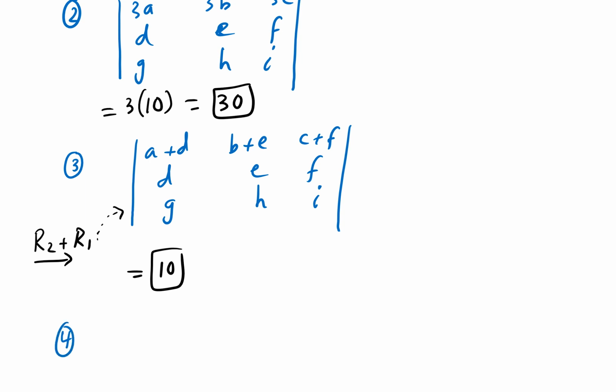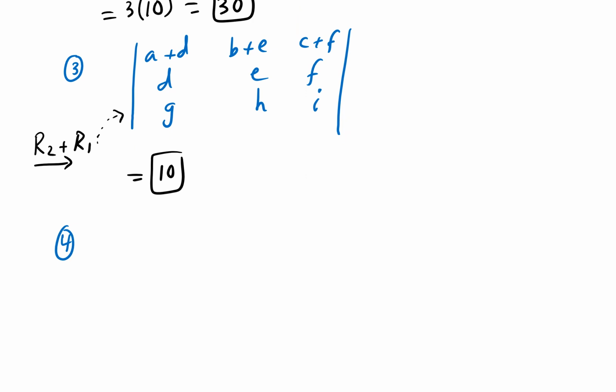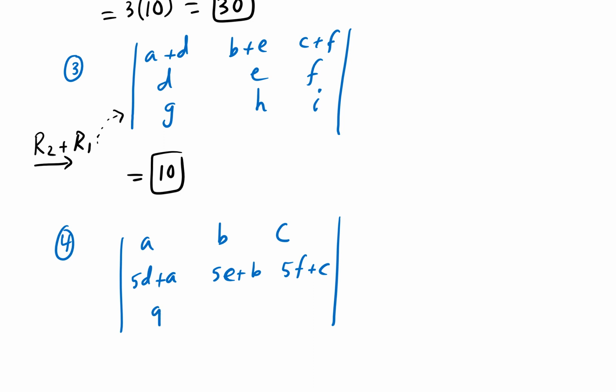How about adding another one? How about if we have A, B, C, 5D plus A, 5E plus B, 5F plus C, and this stays the same. Let's see, what's the determinant of this?